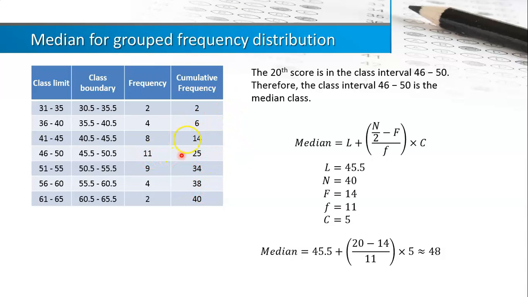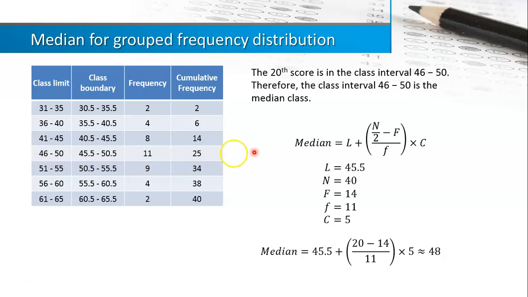The total number of scores, the sample, is 40, meaning the 20th score and the 21st score should be in the class interval 46 to 50, which is this one. So this is your median class interval.